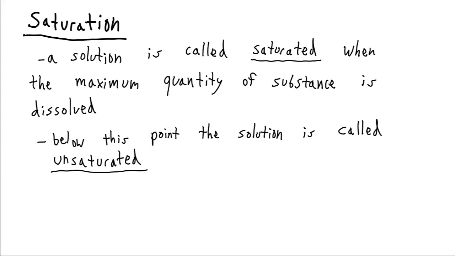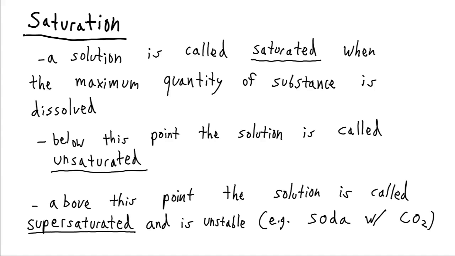We also define the term supersaturated to mean that we've actually packed in even more molecules than would normally dissolve. Now, because that's more than is usually possible, this is unstable. An example of that would be the carbon dioxide dissolved in soda water. Because it's supersaturated, this CO2 is spontaneously leaving the solution. Now, as it continues to leave the solution, eventually it will return back to the more natural saturation point.